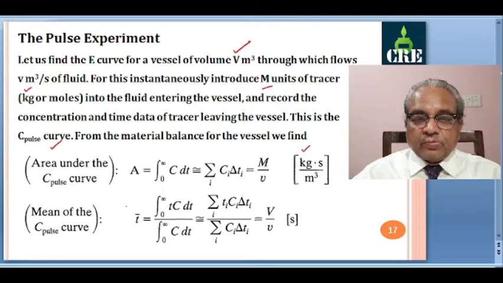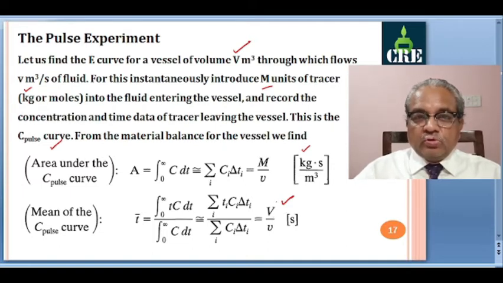Mean t bar will be given by integral 0 to infinity t C dt by integral C dt, the same as the sum for i equal to 1 to n of ti Ci delta ti divided by the sum of Ci delta ti, and that is the same as V by small v.